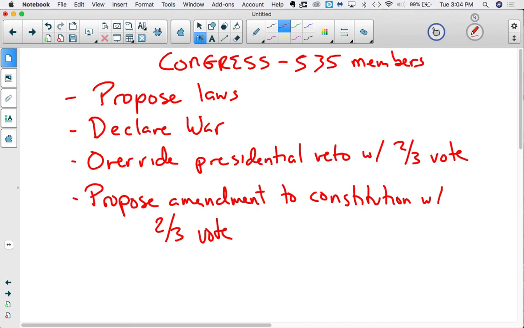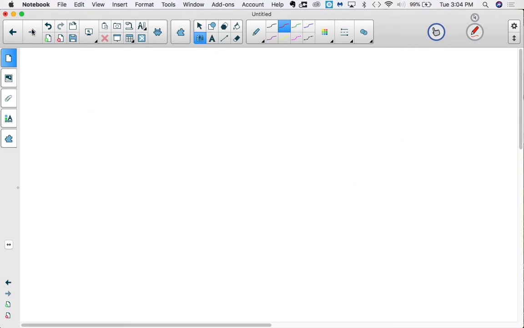All right. How to make a law. We're on page 9 of the packet, if you are there. The way it works is that a bill starts in one house, either the House or the Senate, and then it gets passed by a majority vote.